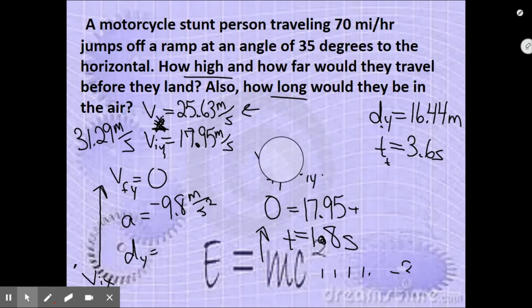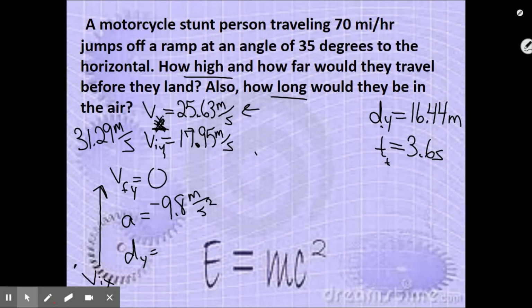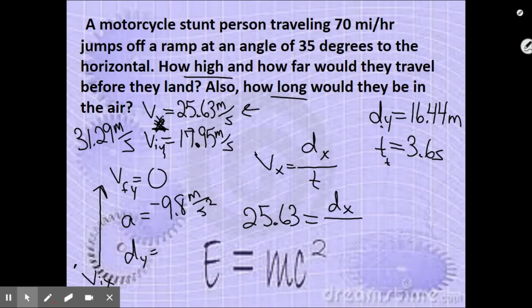Now we can go back and solve for how far it's going to go. So we're going to use that Vx equals dx over t. So we said Vx was the 25.63. Dx is what we're looking for. And when we're looking for dx, we want to use that total time because we're looking for this distance here rather than just to the top.